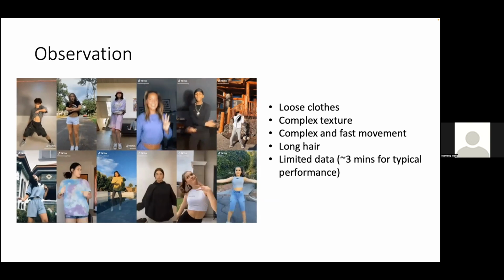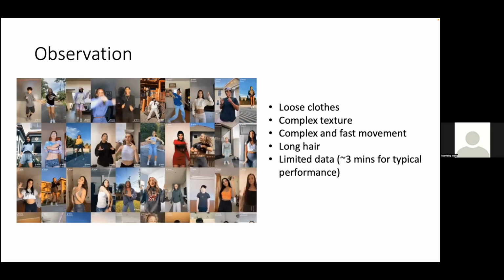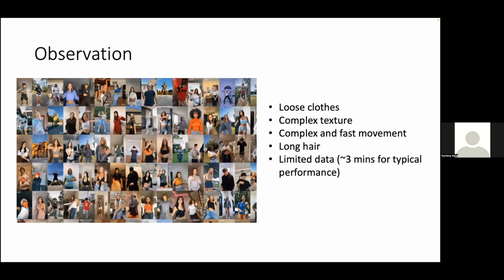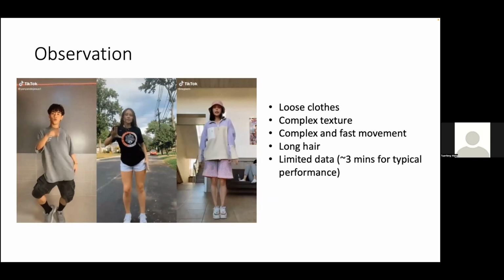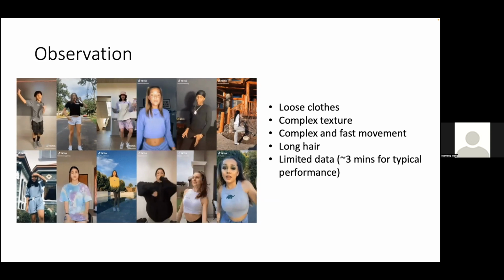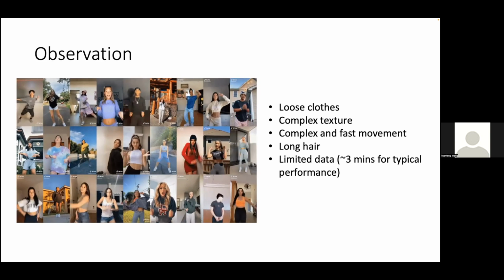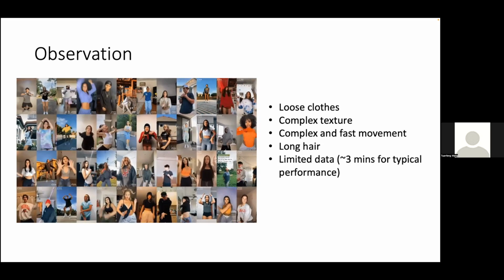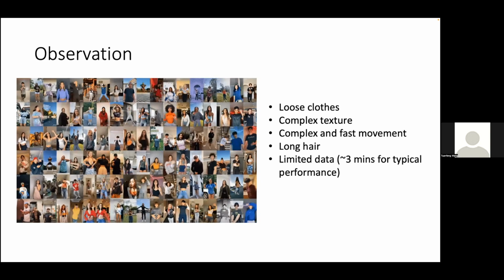And people tend to do interesting movement, which is usually complicated and fast. In some cases, they have long hair and very complicated hairstyle. And for the duration, there are really limited data sets because most of them are within 3 minutes. It won't be realistic to expect someone to upload a video that captures him or herself dancing for 20 minutes.